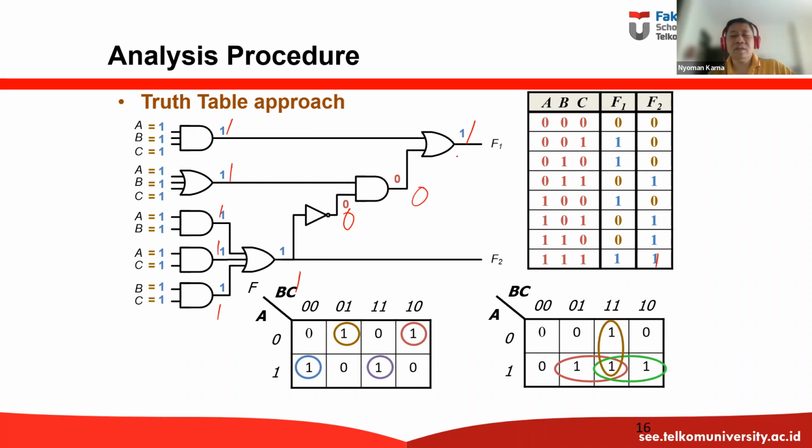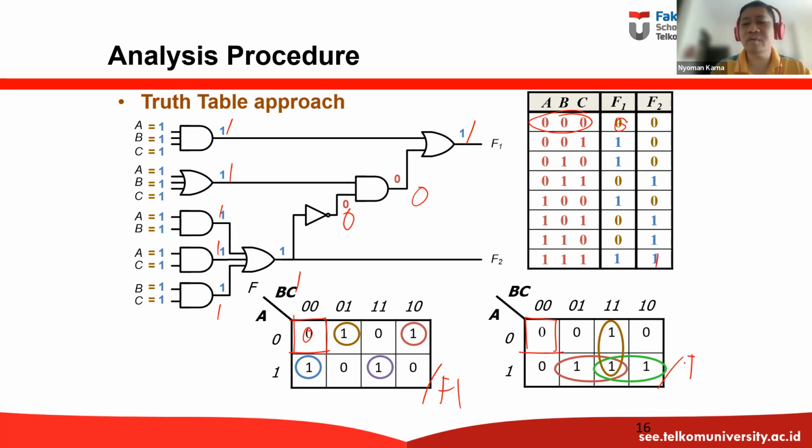Now, based on the truth table, we can establish the K-map. When the combination of input is 0, 0, 0, which means this cell, A0, B0, C0, F1 is 0. So this one is 0.